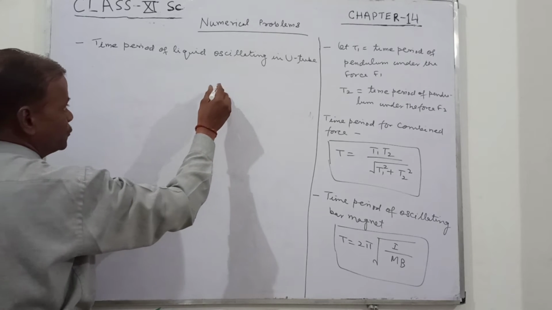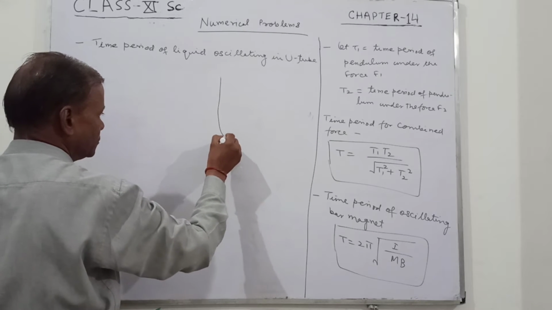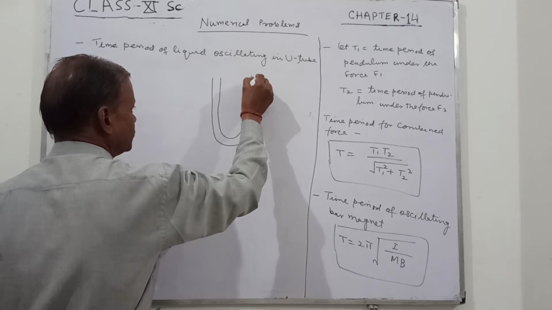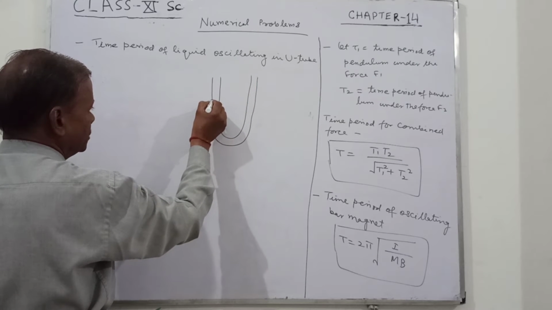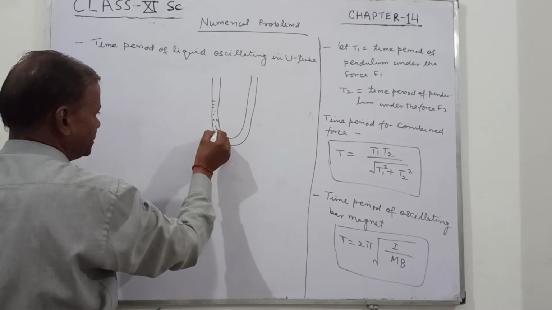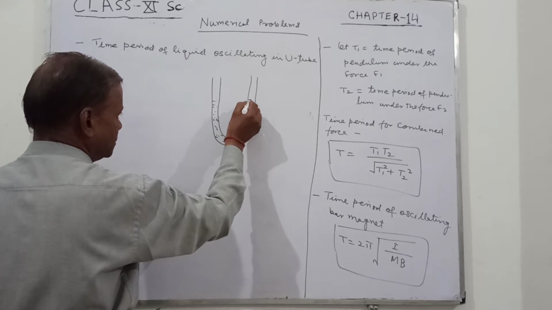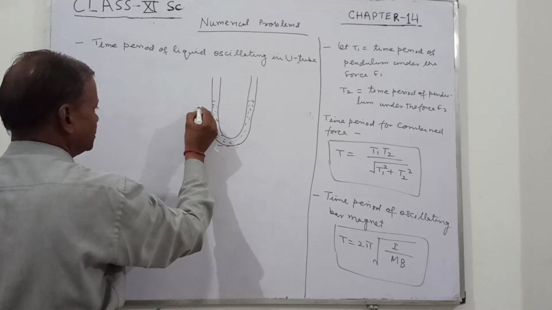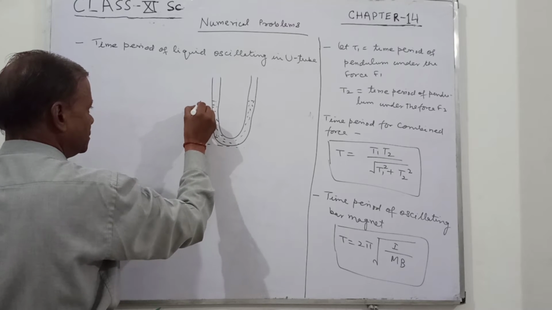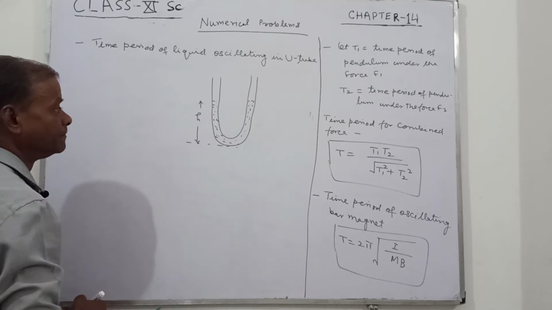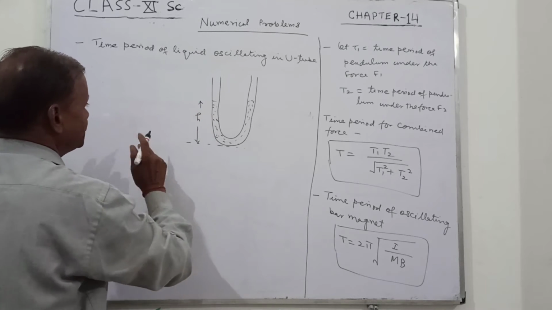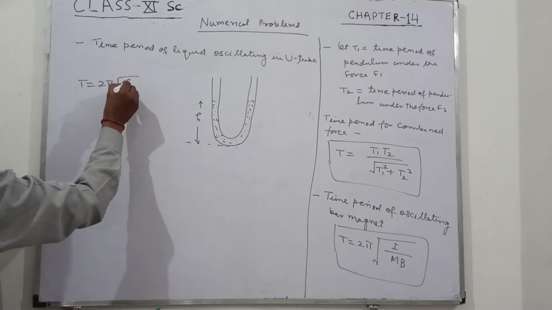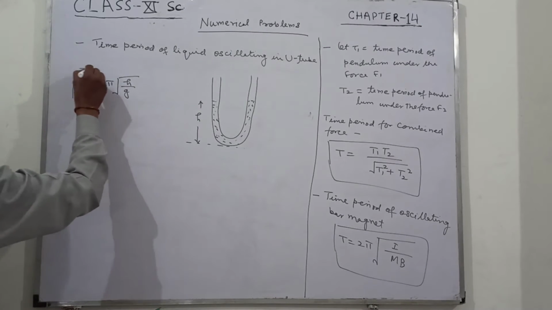This is like this, that suppose we are having this U tube, if suppose this liquid is filled in it, this is suppose the height h, and this oscillates so that its time period t equal to 2 pi square root of h upon g. This is given by this one.